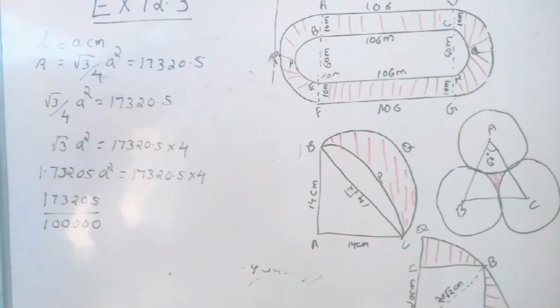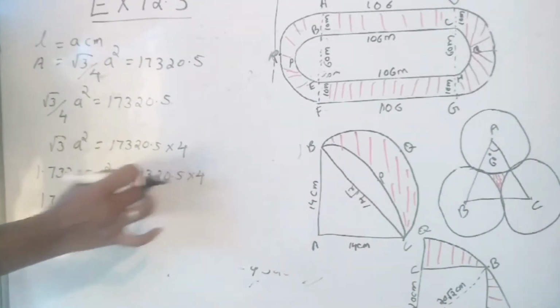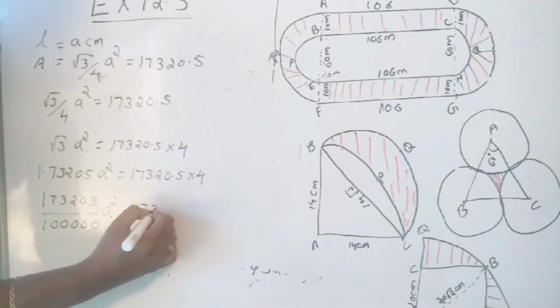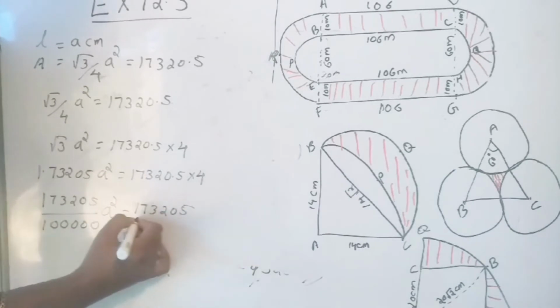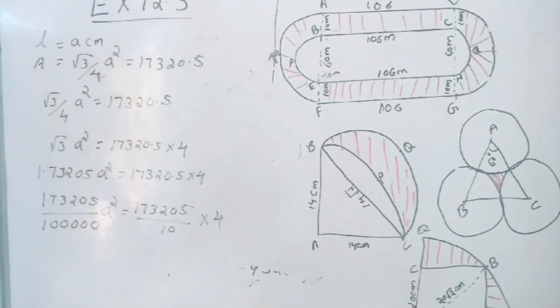Into A square is equal to, here we have only one decimal place, so we will divide it by 10, into 4.